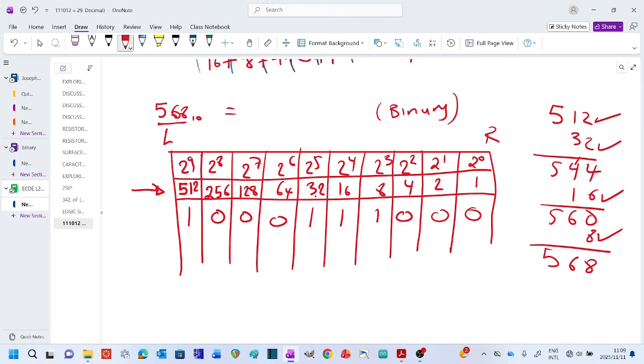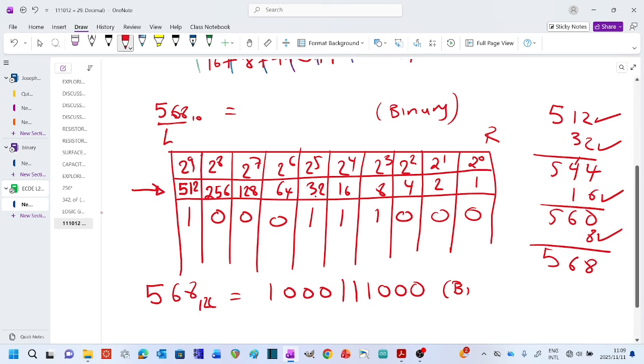So my final answer: 568 in base 10, in binary, is 1, 0, 0, 0, 1, 1, 1, 0, 0, 0. So that's my final answer.